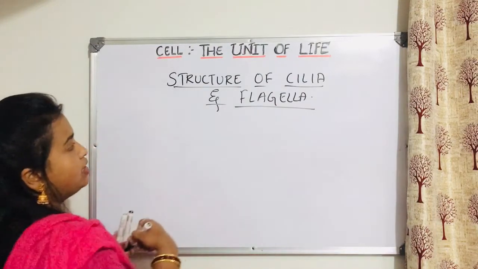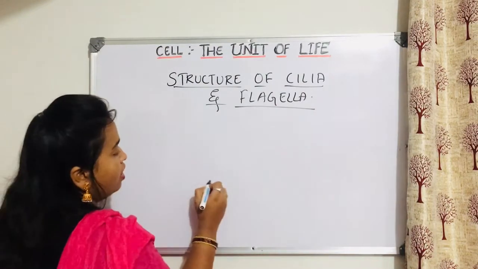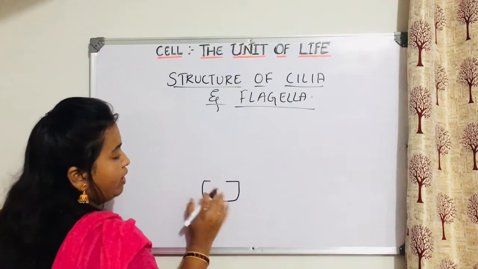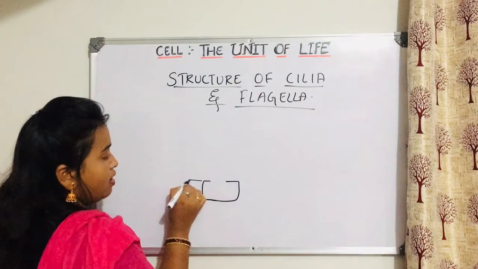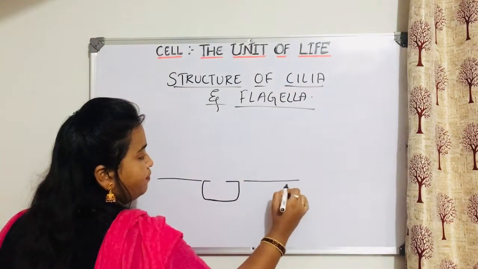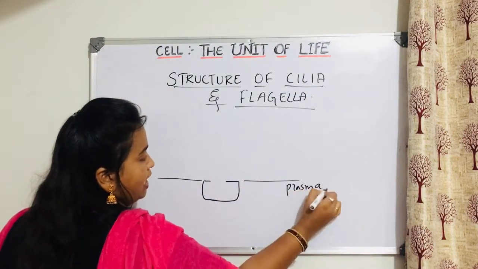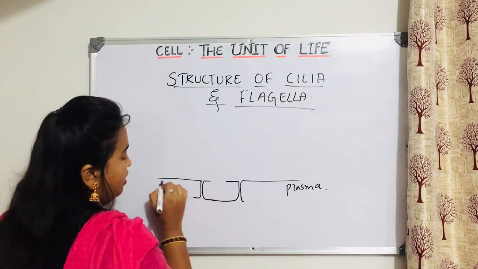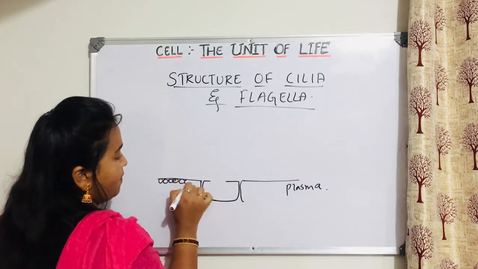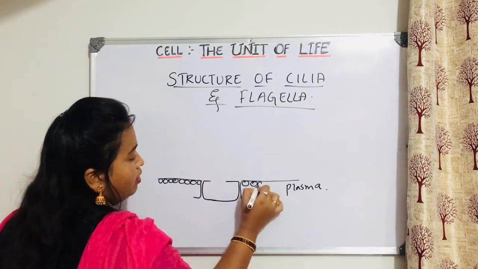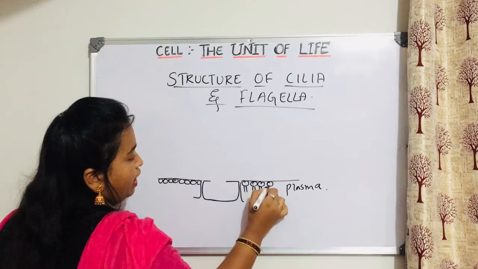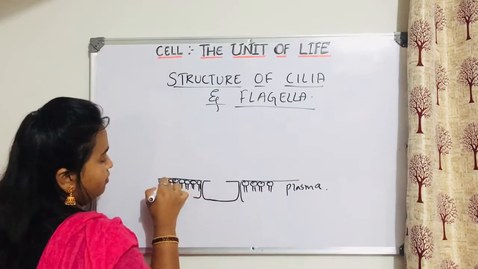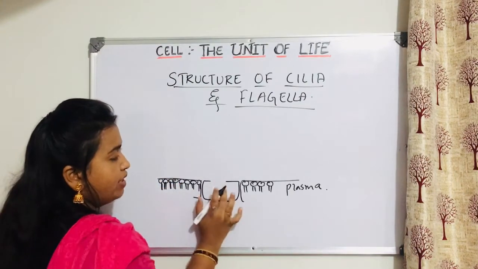Whenever you see cilia and flagella, they have this basal body, which is embedded within the plasma membrane of the cell. This will be the plasma membrane, like the fluid mosaic model. So the basal body is embedded within the plasma membrane.